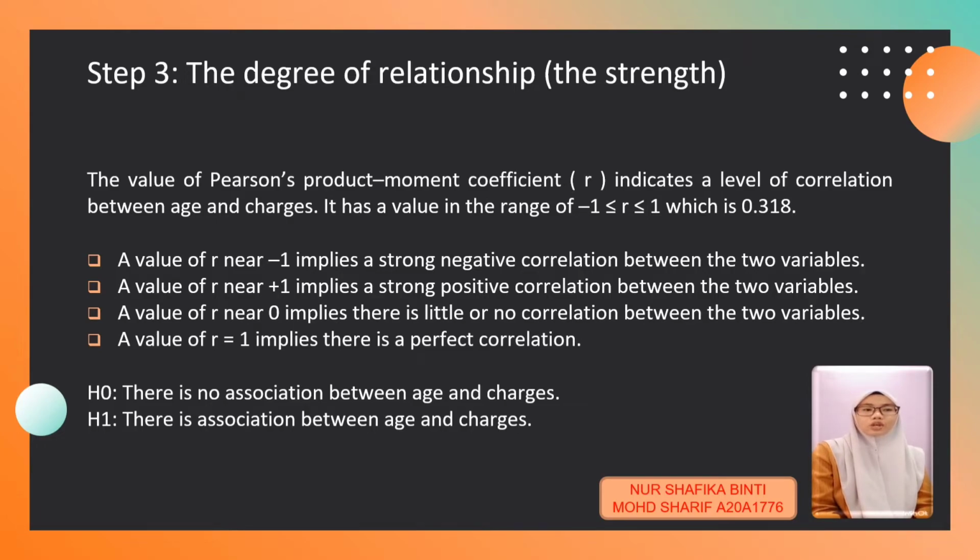Second, a value of R near +1 indicates a strong positive correlation between the two variables. Third, a value of R near 0 indicates little or no correlation between the two variables. Fourth, a value of R equal to 1 indicates a perfect correlation.